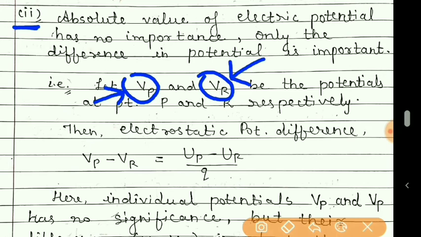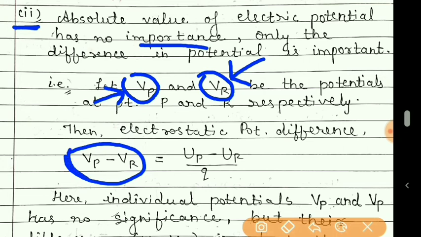So individual potentials do not have much importance or significance, but the difference in the potential, that is Vp minus Vr, or you can say Vr minus Vp also.